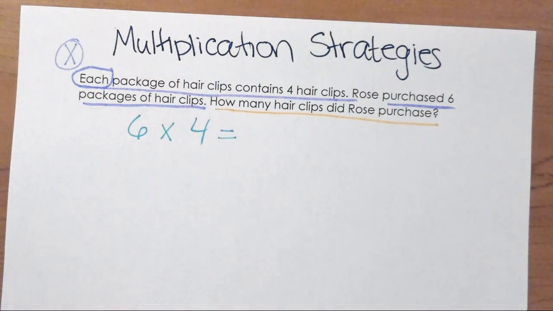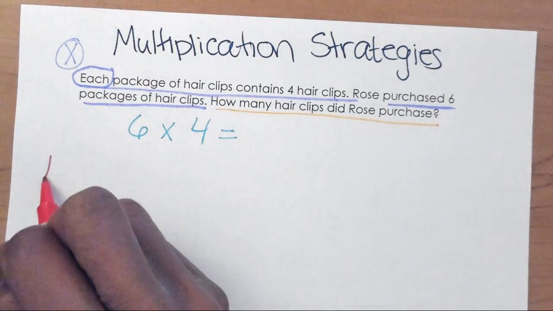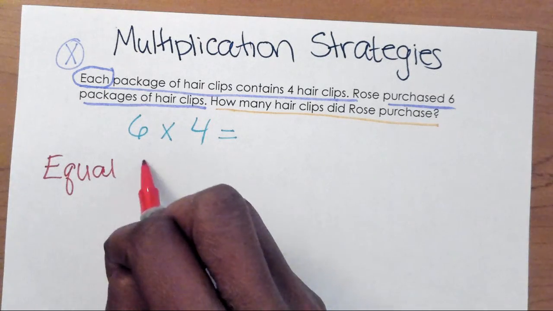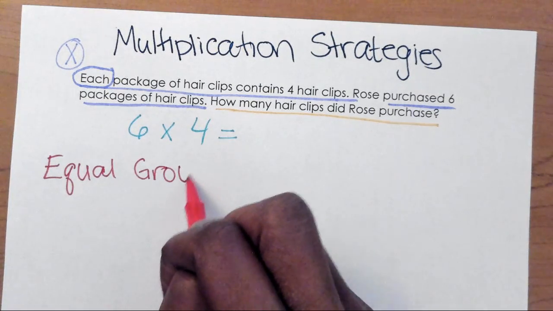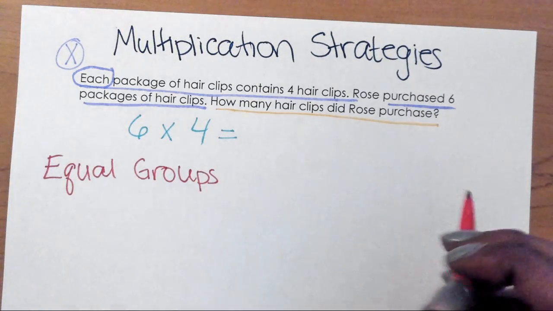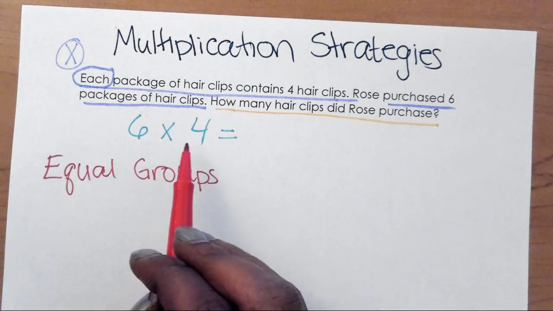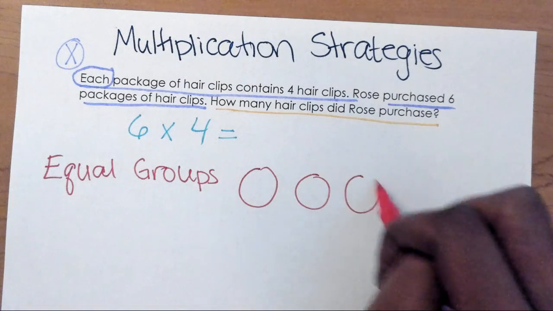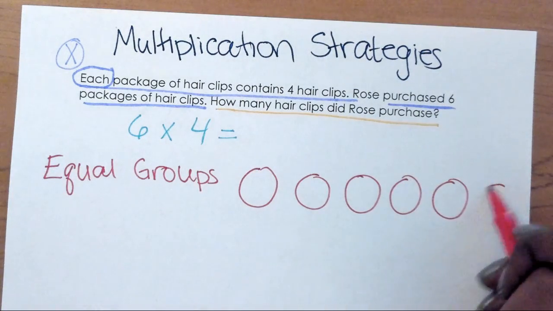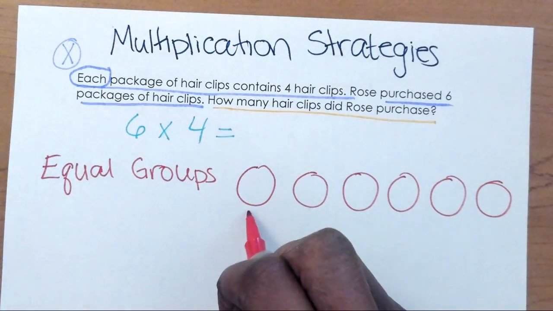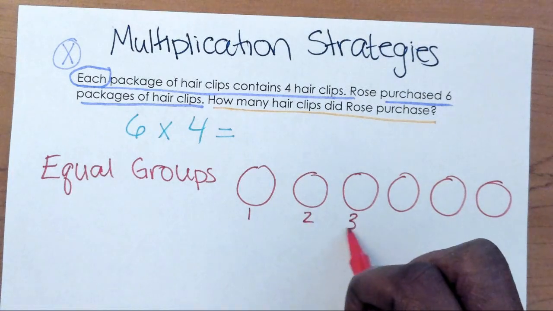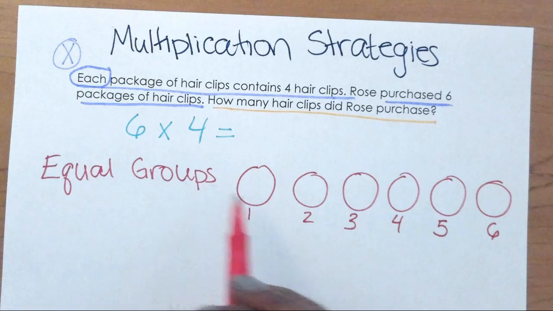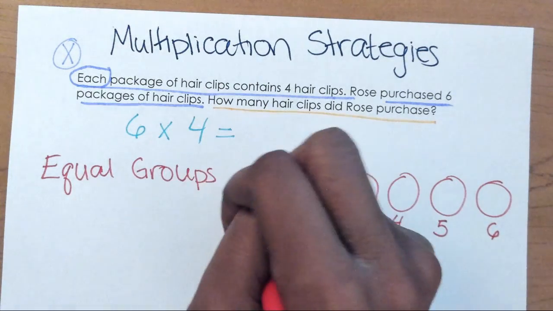The first strategy we're going to look at is equal groups. In which we're going to start with our groups. So we have 6 equal groups. And students have been taught to label their groups so that they know they have the correct number of groups. In each group, there are 4 hair clips.